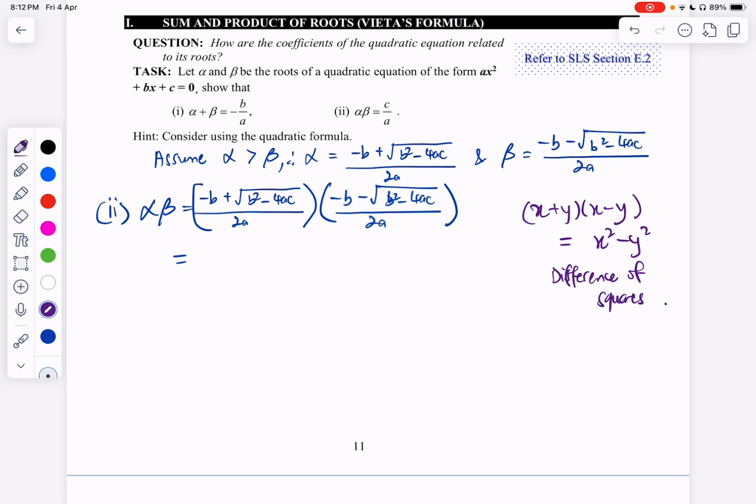For this identity, x squared is a square number and y squared is a square number. This is in the expanded form, and the factorized form is x plus y, x minus y.